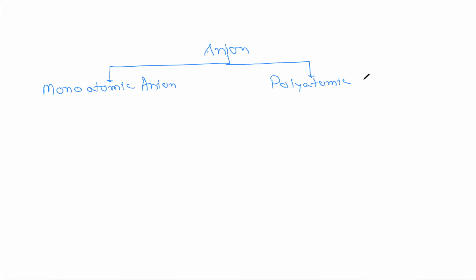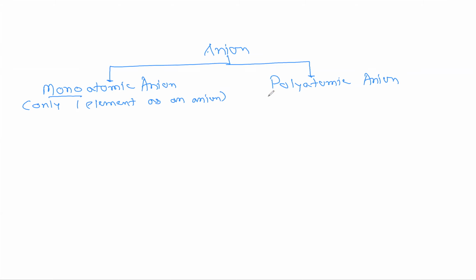What does it mean? Monoatomic anion means you have only one element as an anion. If you just have one element as an anion, that is called monoatomic anion.